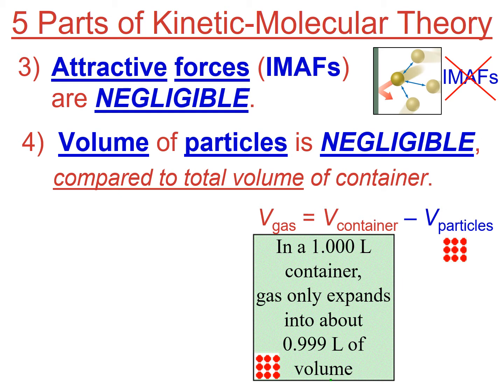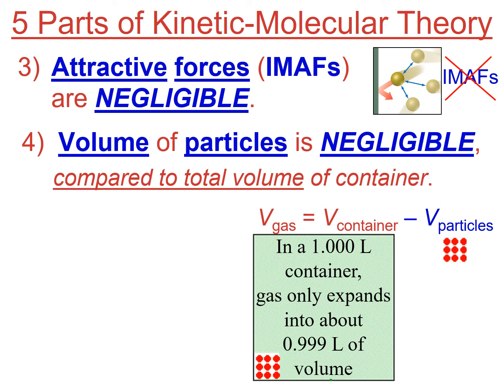The volume of the gas is equal to the whole volume of the container minus a little bit, the volume of all its particles. Here expressed by this simple equation: the volume of all the gas is equal to the volume of the container minus the volume of all the particles.